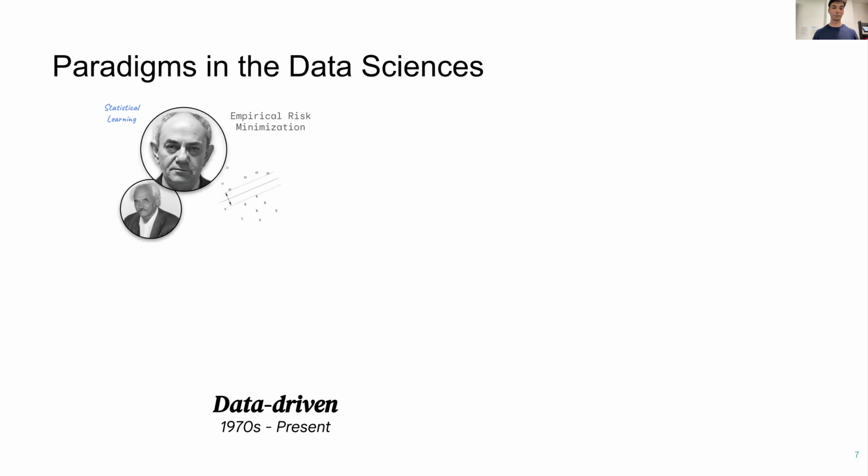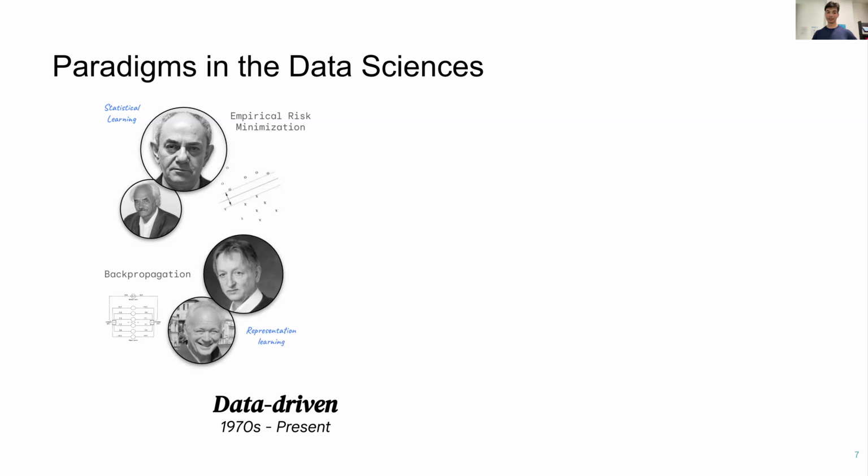So you have, for instance, Vladimir Vapnik and Alexey Chervonenkis, with their statistical learning theory that really gave strong theoretical foundations for this learning principle, empirical risk minimization, that permeates all of machine learning today.